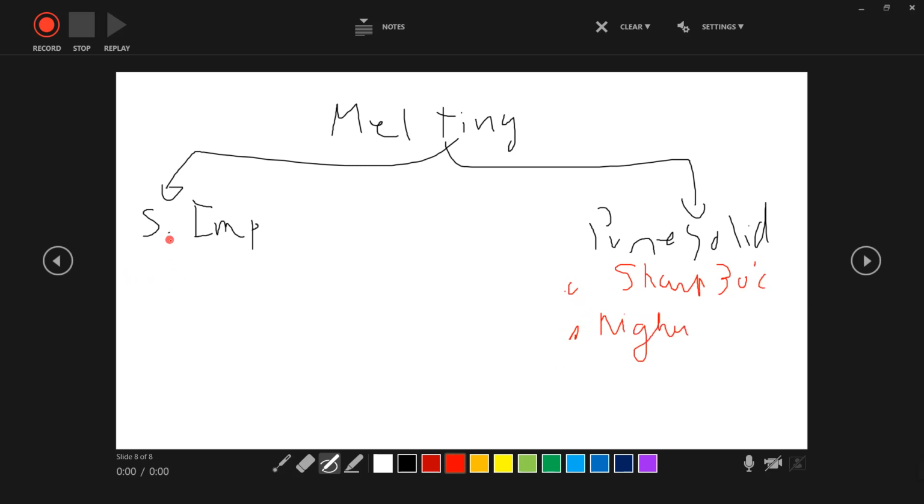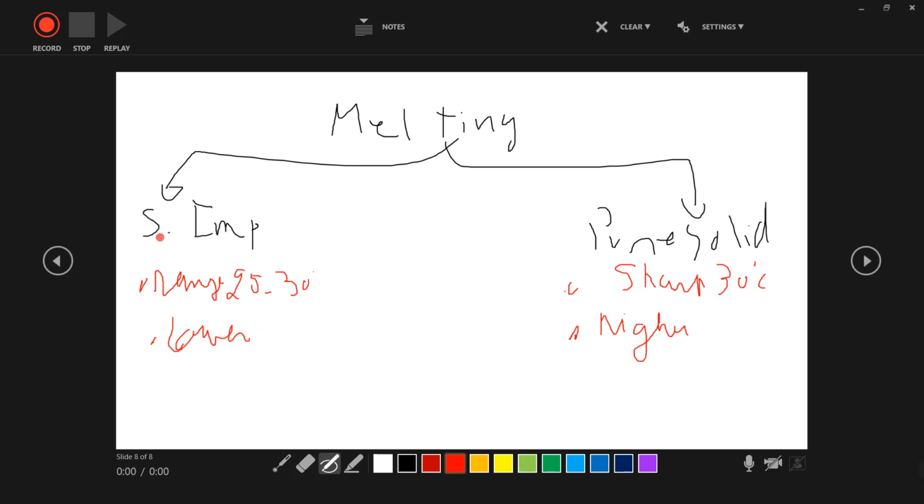So when I have a solid with impurities, its melting point will be a range, not a sharp number, a range. It can range from 25 to 30. Any degree Celsius of this can melt it, but here it must reach 30. It is sharp in a pure solid, but in a solid with impurities, it will be a range. Also, here it will be a little bit higher than here. Here it will be a little bit lower.